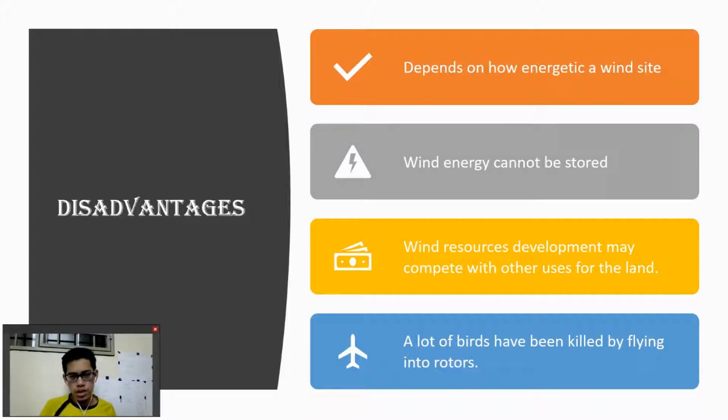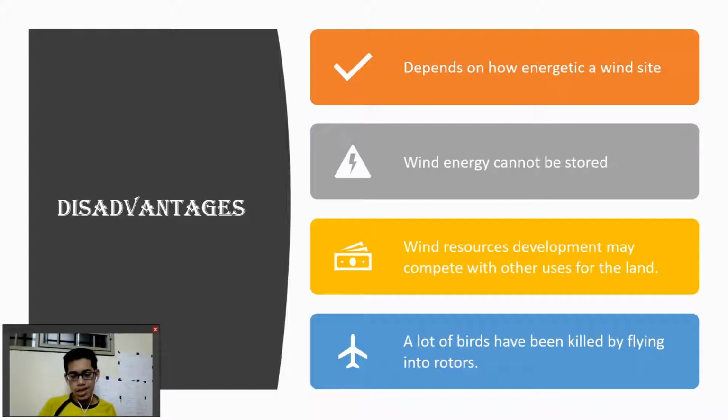The next one is that this wind energy cannot be stored, and the third is that wind resource development may compete with other uses for the land, which means that in order to build the turbines, we need space on the land.